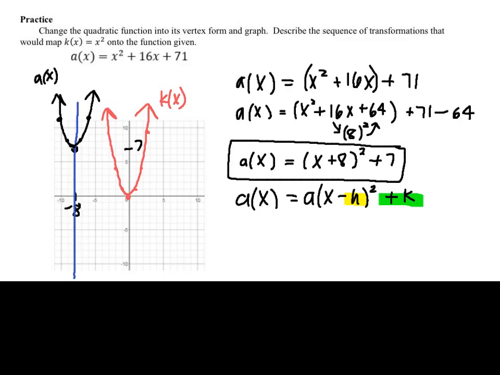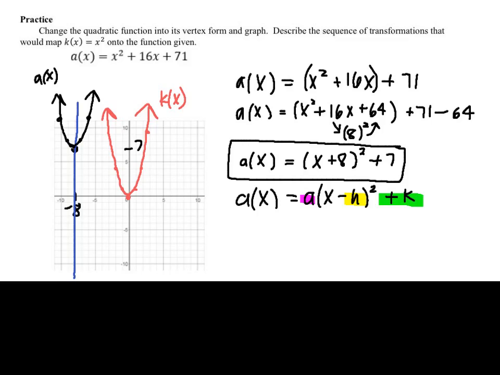Lastly, the a value in your vertex form will tell you how skinny or how wide your parabola has become in relation to the parent function x squared. If a is positive, that means it's still upward facing. If it's negative, that means that your parabola has been reflected.